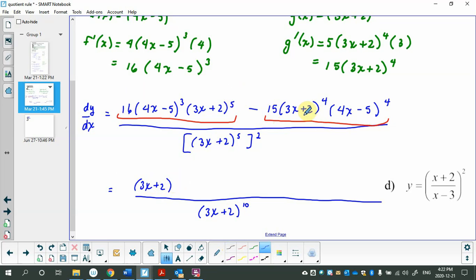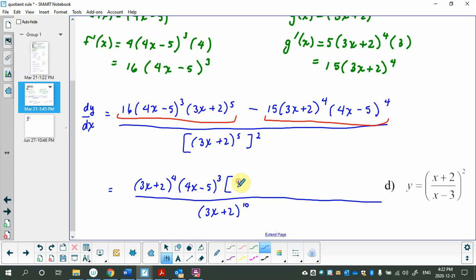So I've got 5 of them here and 4 of them there, so I can take out the minimum amount, which is 4. And then I do have 4x minus 5. That bracket exists in both the front and the back. 4 here, 3 here, so I can take out the minimum, which is 3.